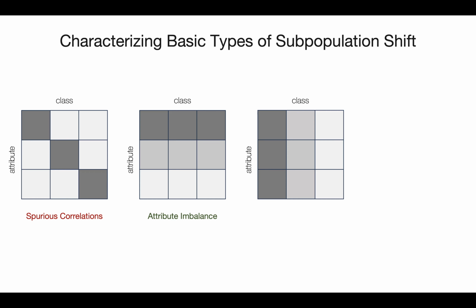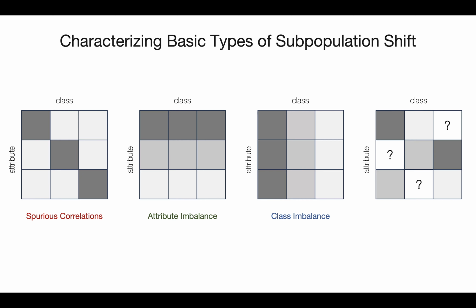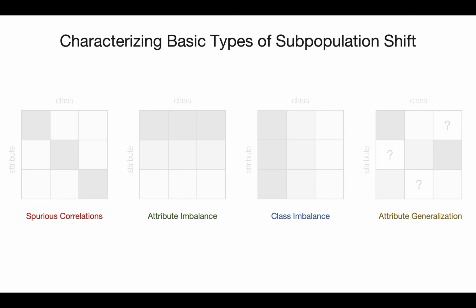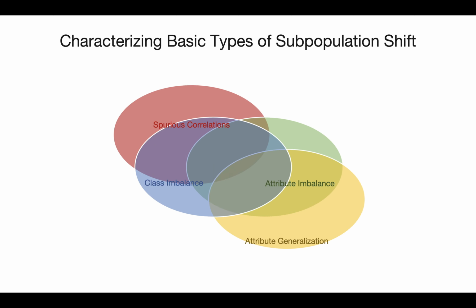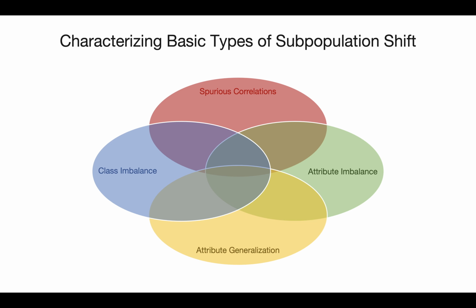This will lead to class imbalance. And finally, certain attributes can be totally missing in training but present in testing for certain classes, which motivates the need for attribute generalization. These four cases constitute the basic shift components and are important elements to explain complex subgroup shifts in real data. And in practice, datasets often consist of multiple types of shift simultaneously instead of one.